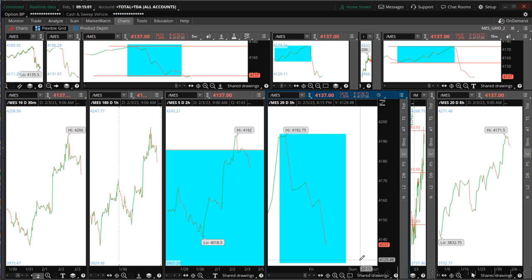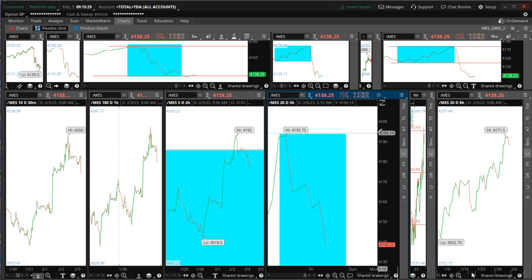And once you find a fractal, you draw your fractal bands, and if there's a confirmation, for example, on the bottom, that the market's going to rally, then you can enter, and then you put your two stops in there, one to get you out of the original trade, and another one to do a flip. You can do that on the bottom, and you can do that on the top.